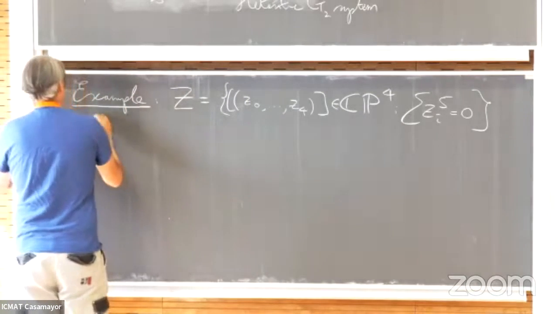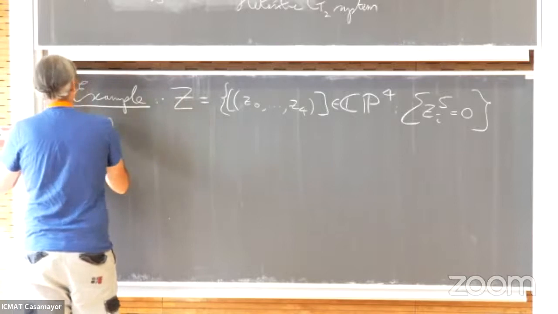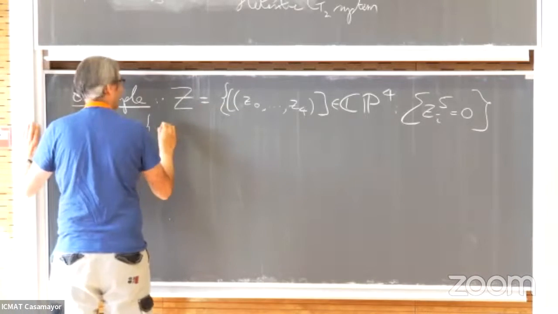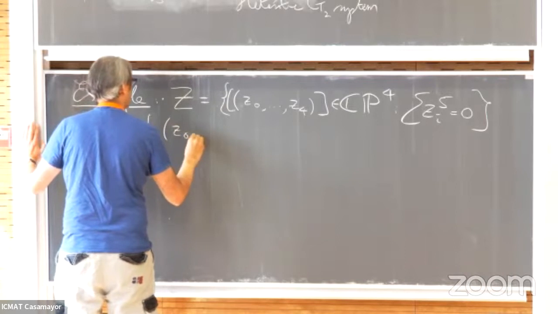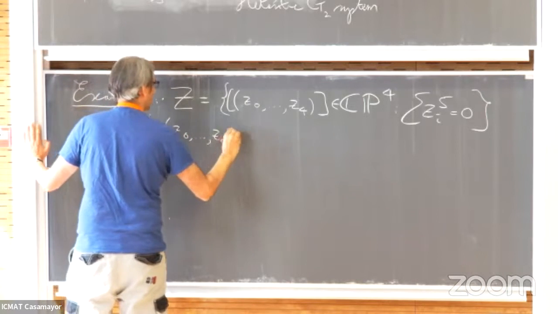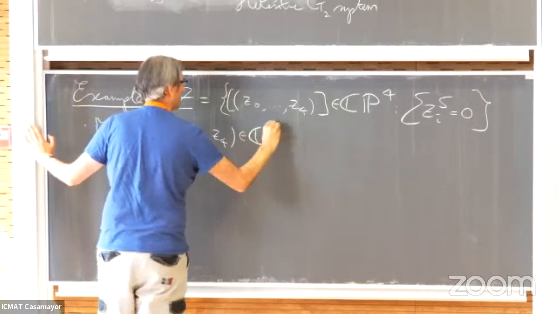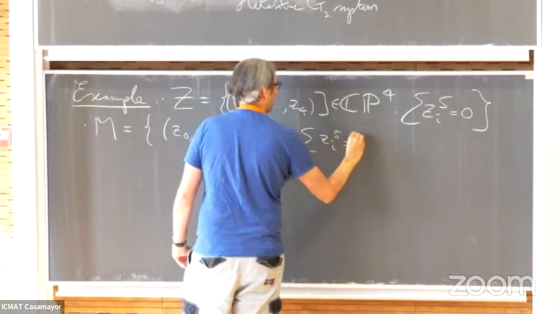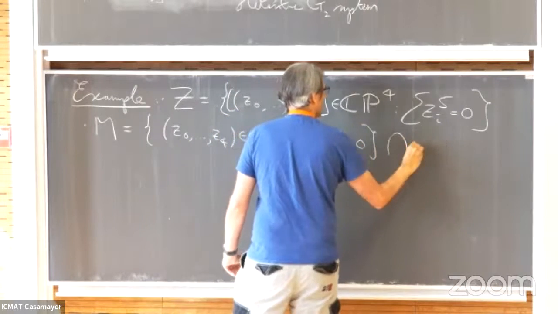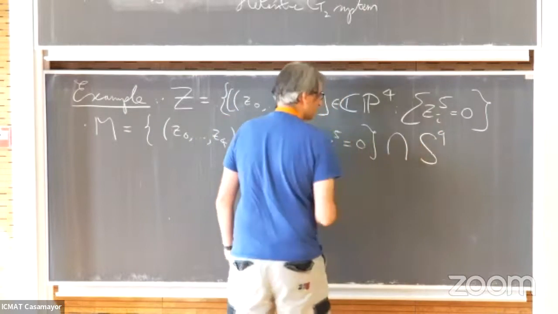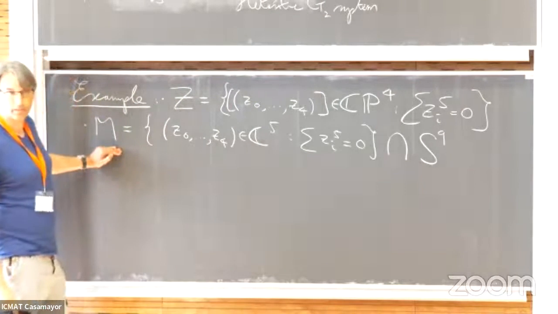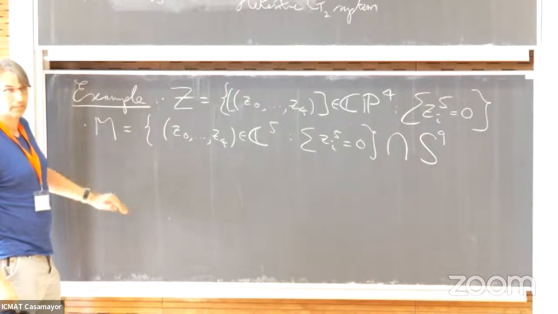And then what is M going to be? Well, M is suspiciously looking the same. It's the set of points now in C5, same condition, and now I intersect it with the 9-sphere. So that's obviously an S1 bundle over Z, right?